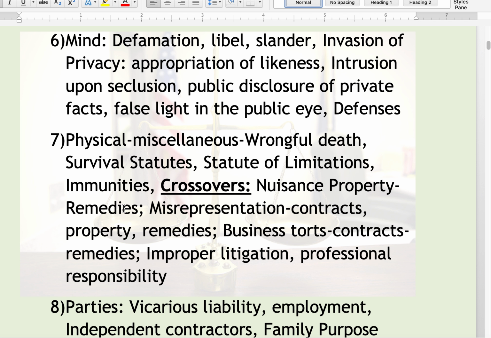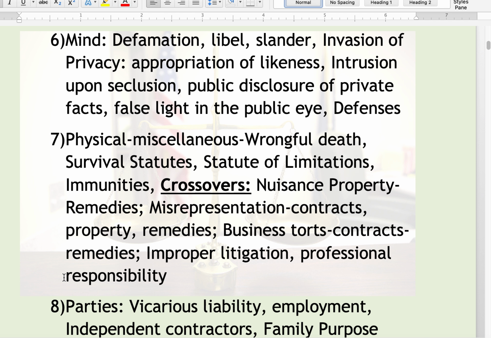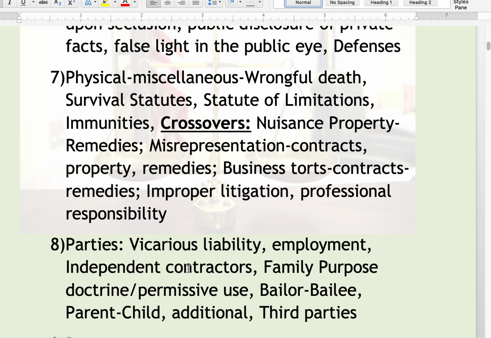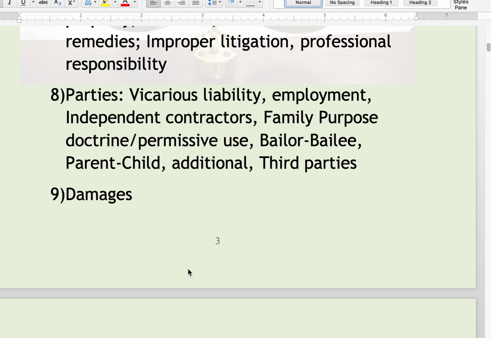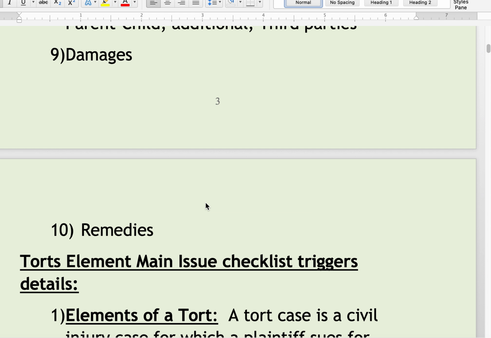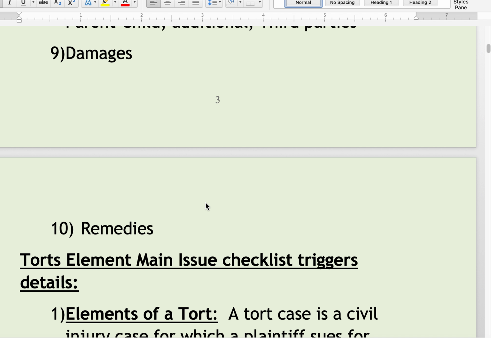You'll find different fact patterns that look like a contract or a business tort, and professional responsibility, etc. So you'll have to look at that. Now, parties: vicarious liability, employment, employee, employer, independent contractors, family purpose doctrine, permissive use, bailee, parent-child, additional third parties. Now, damages. Damages kind of goes without saying, and 10, remedies.